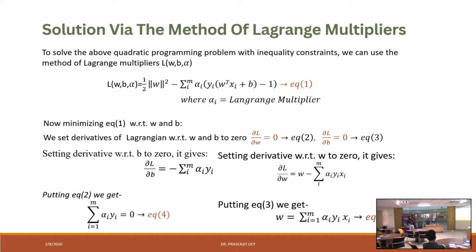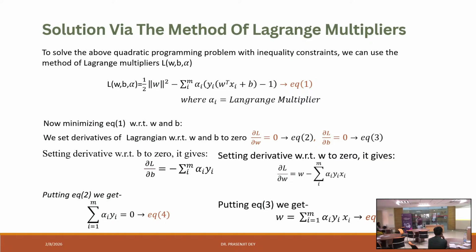So del loss by del b is minus the sum over i equal to 1 to m of alpha i, yi. So I got two equations, equation 4 and equation 5. Now are we all in the same position? We got it, no?